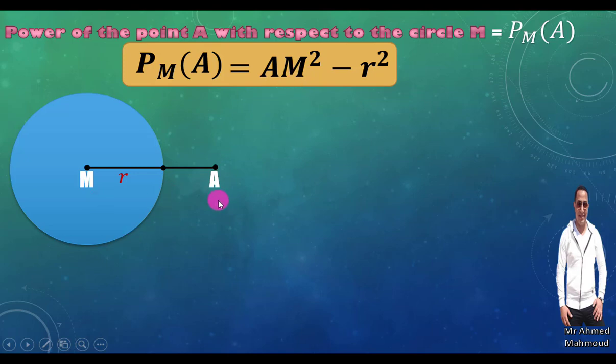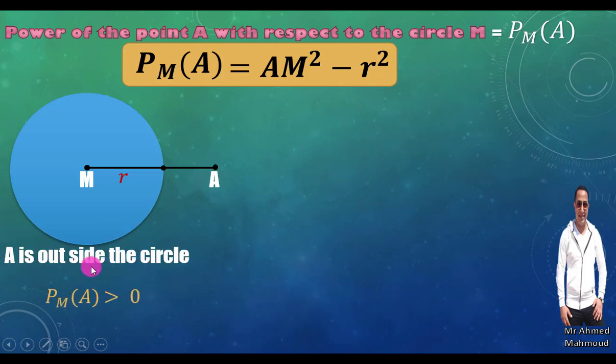The first case, as we see here, A lies outside the circle, so AM is greater than R. In that case the power of the point A is positive. A here is outside the circle, and the power of the point A is greater than 0. In the second case, if A belongs to the circle like this, in that case AM equals R, so AM squared minus R squared equals 0.